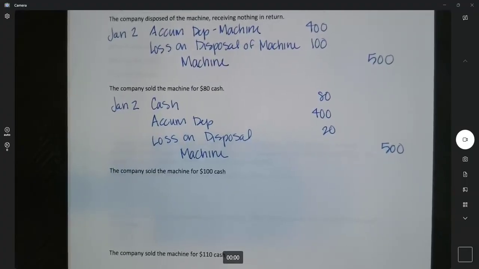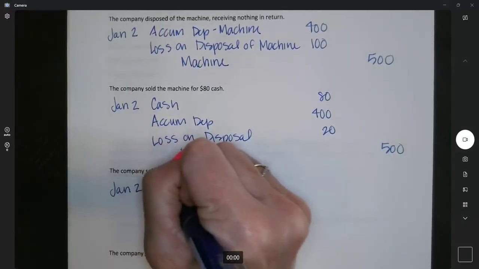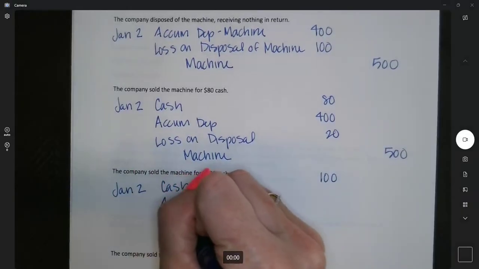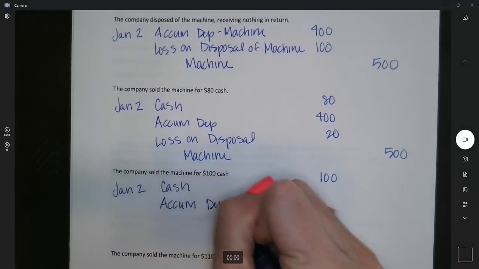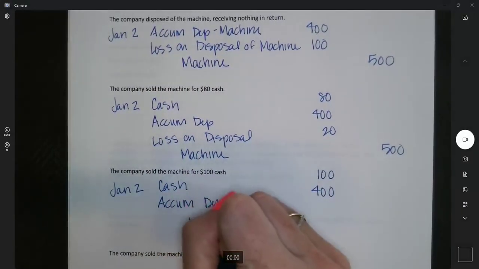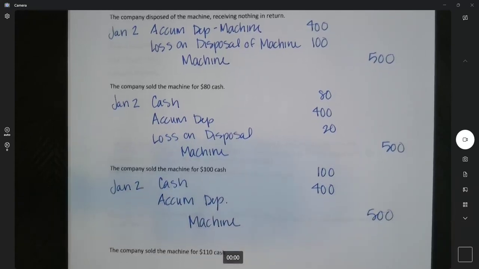In the third scenario, the company sold the machine for $100 in cash. Cash will be 100. Accumulated depreciation will be 400. And then the machine itself would be 500. No gain or loss here.